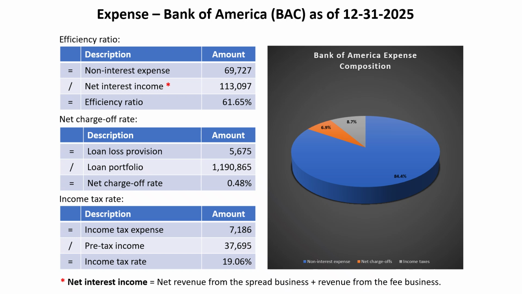I add those two up, and we'll define that as net interest income. If I divide those two, my efficiency ratio is 61.65%, which is in line with what most of the big banks actually post.